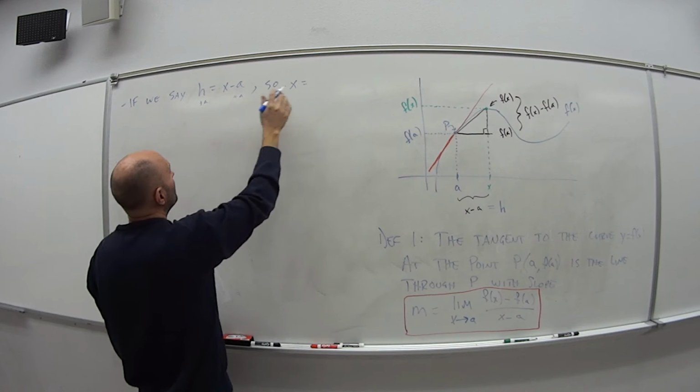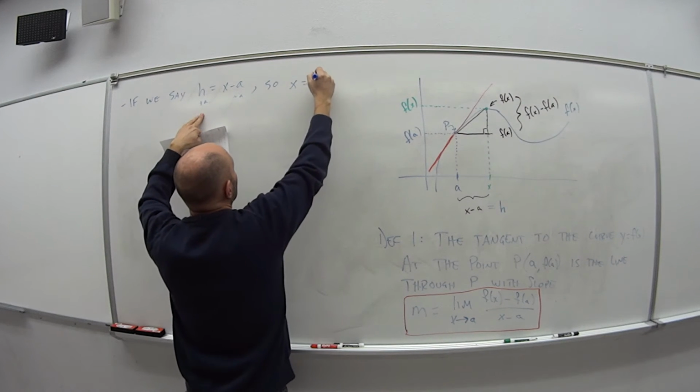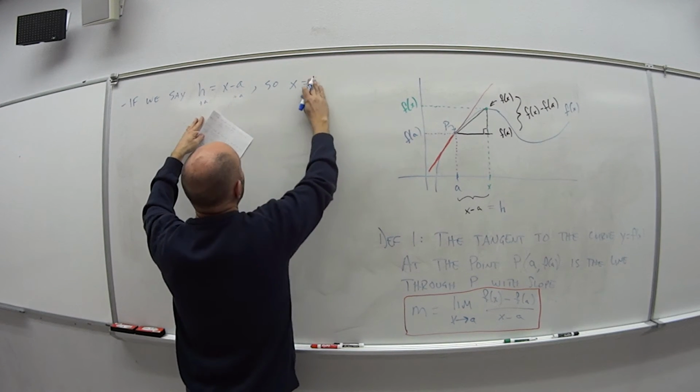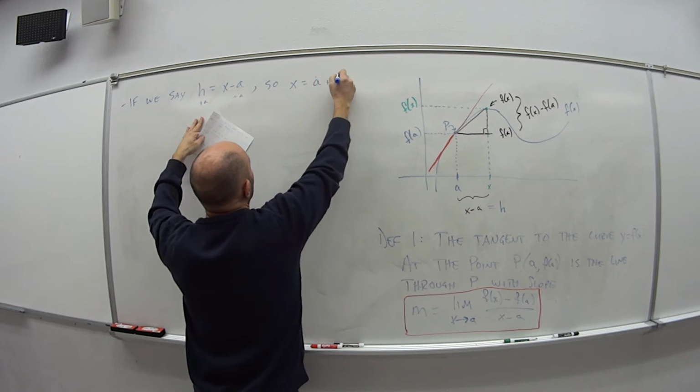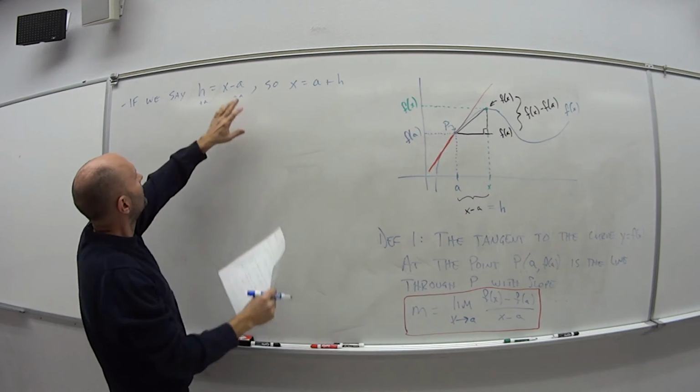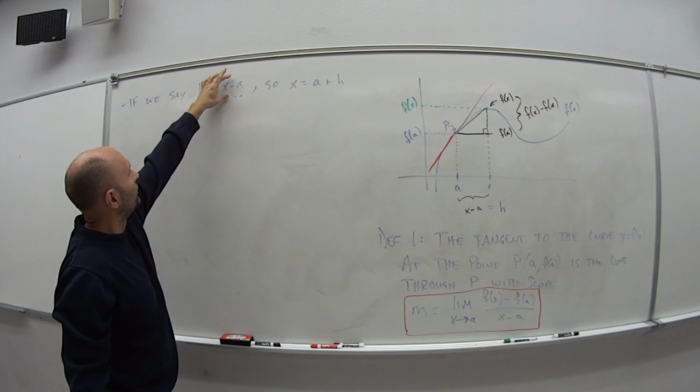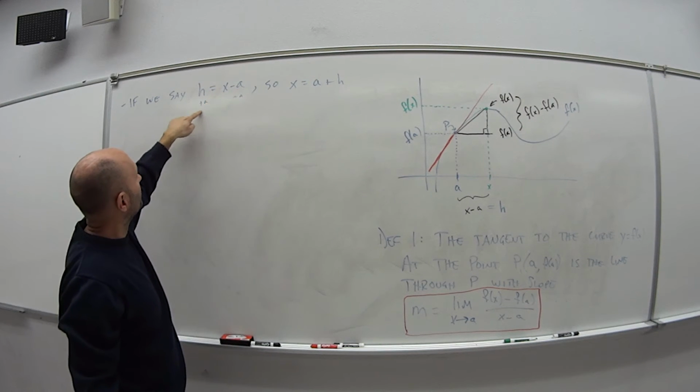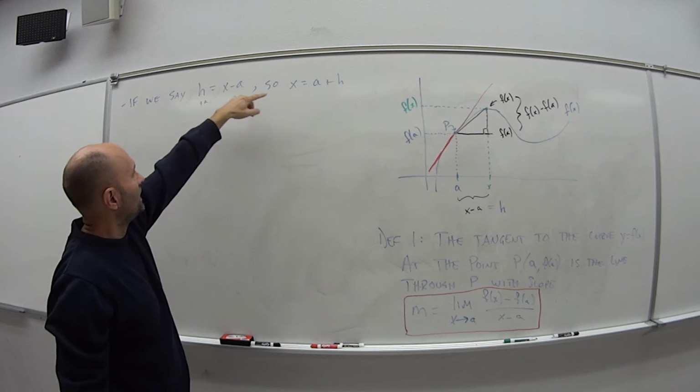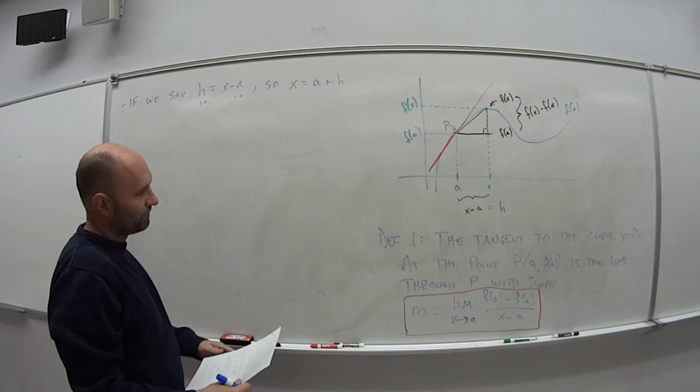So that means x is equal to a plus h. And all I did there was I said h is equal to this guy, so that means x, if I move the a over, is a plus h.